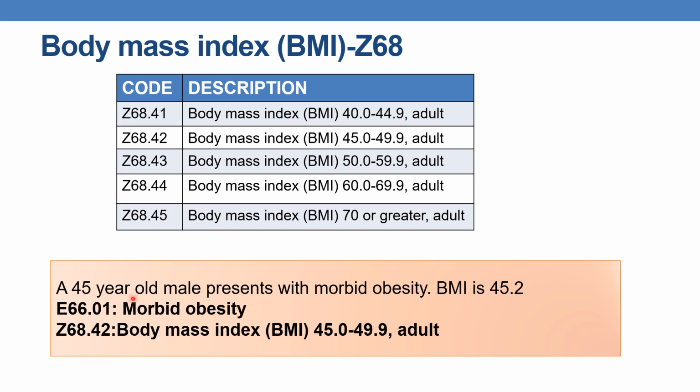In that case, first PDX would be the morbid obesity code, that is E66.01, followed by Z68.42 to indicate body mass index in the range 45.0 to 49.9.